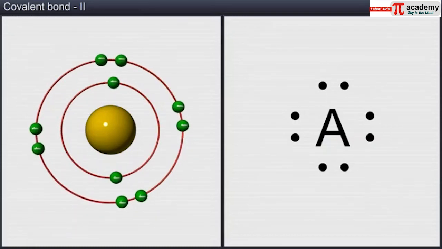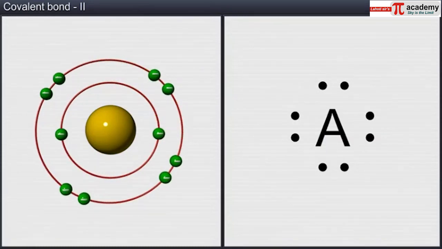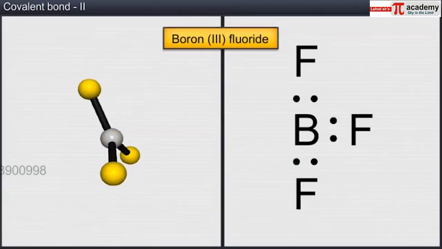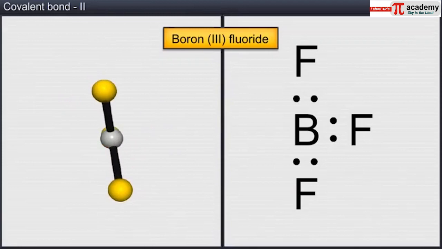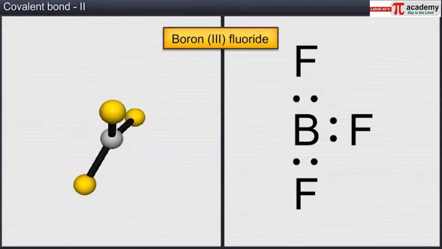With the sharing of valence electrons for the full octet in each atom, the Lewis structure involves the octet rule. However, there are some molecules in nature that do not follow the octet rule. In some molecules, the number of electrons surrounding the central atom is less than 8.